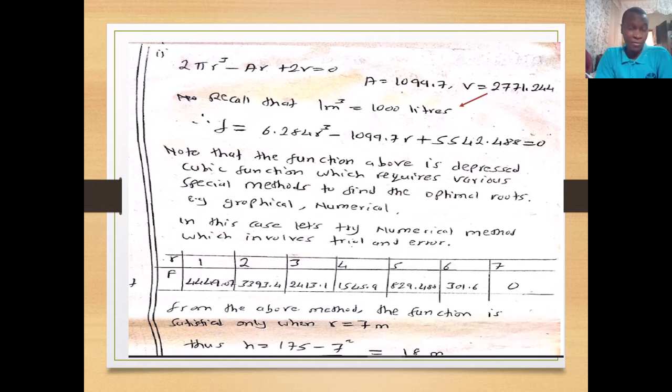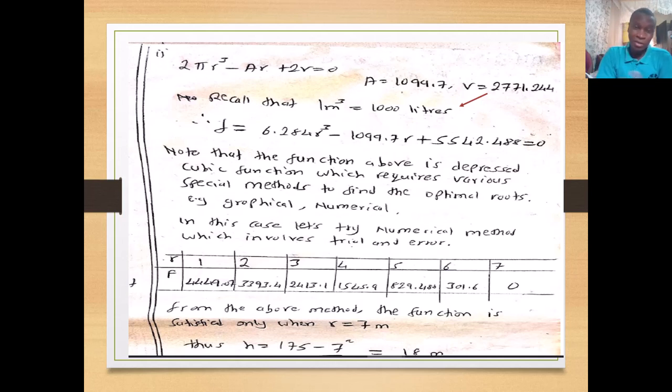The numerical method entails a kind of trial and error, but it's very simple and very accurate. Now look at this. We are going to assume r equals 1 or 2 or 3 or 4 or 5 or 6 or 7 or any other, so long as it satisfies the function. So r cannot be 0.